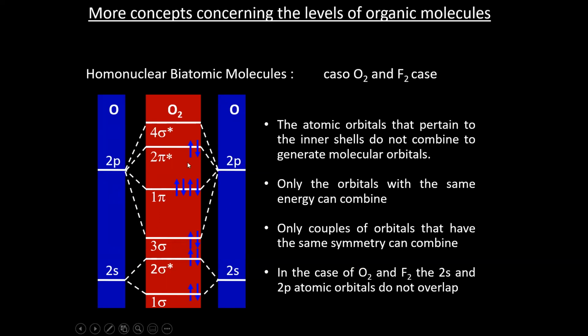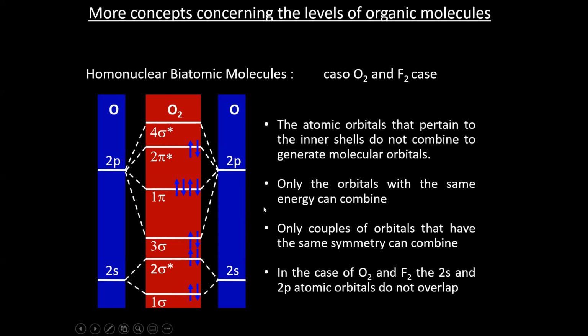For example, in oxygen, the last occupied orbitals are the 2s and the 2p. The 1s makes a closed shell that is a core shell. It is untouched by the bonds, so you don't even write it here. And then you can combine the orbitals of two oxygen atoms and generate the molecular orbitals.